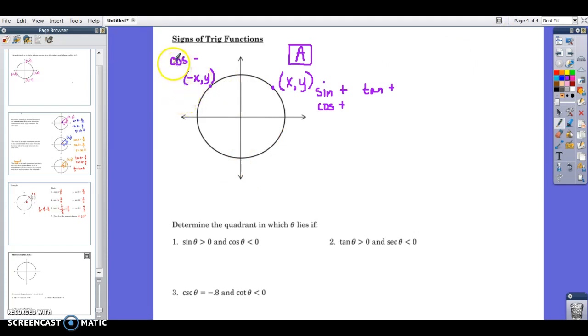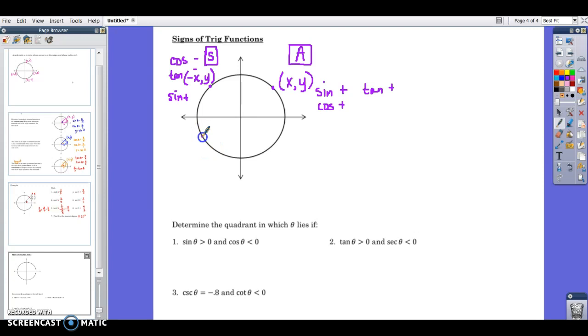If cosine is negative, that means that the tangent, because tangent is y over x, is also going to be negative, right? So tangent is negative. Sine is represented by the y-coordinate, so sine there is positive. So the only thing that's positive in that second quadrant is sine.